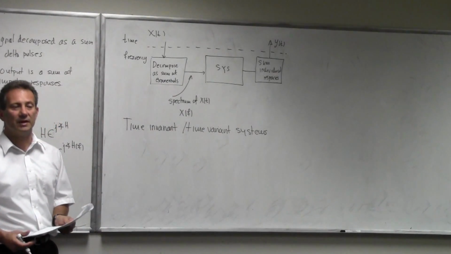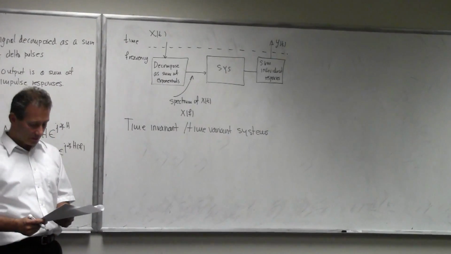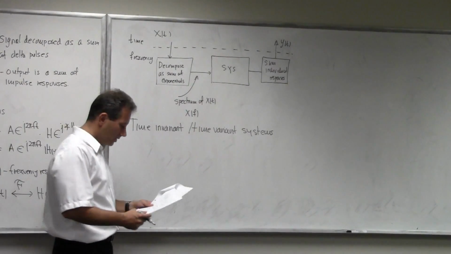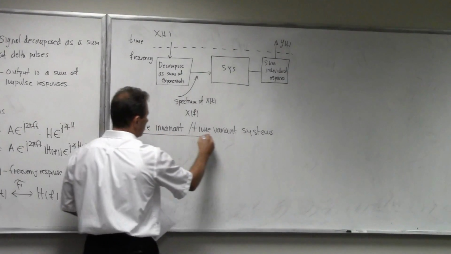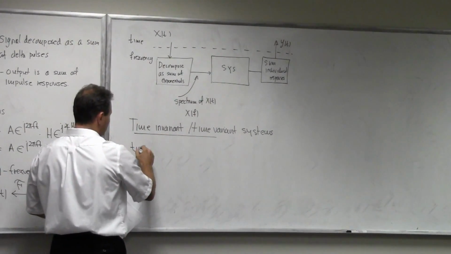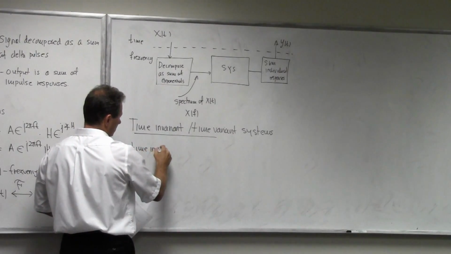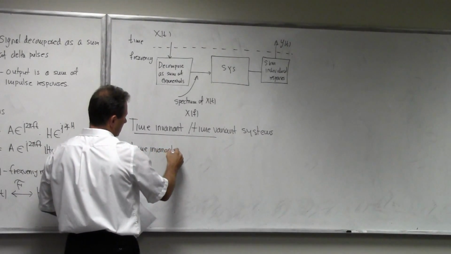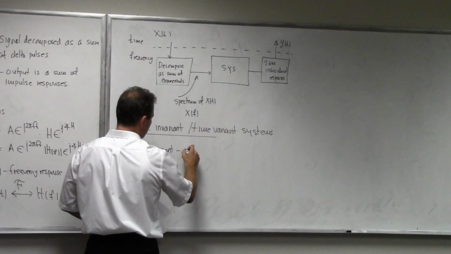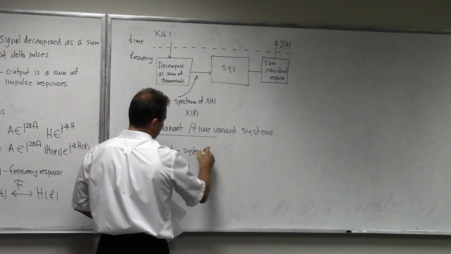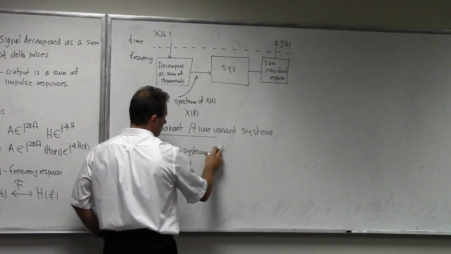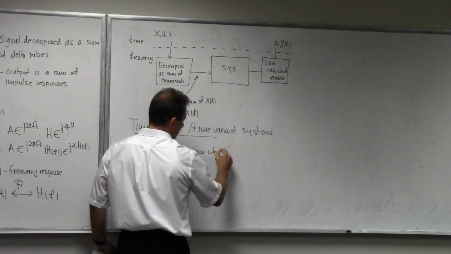What is an example of a time variant system? What's an example of a time invariant system? So just a definition here: a time invariant system is a system whose parameters do not change over time.